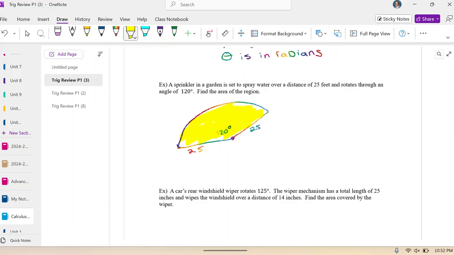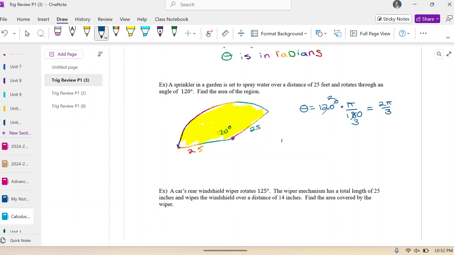So you're finding the area of a sector, but first you want to figure out what 120 degrees is in radians. So you multiply by pi over 180, and 60 goes into both: 60 goes into 120 twice, into 180 three times. So 2 pi over 3.